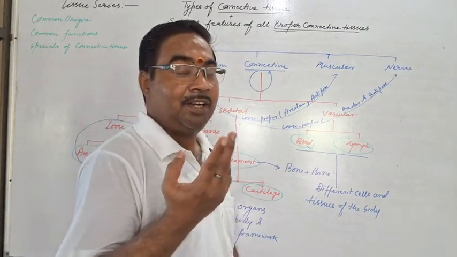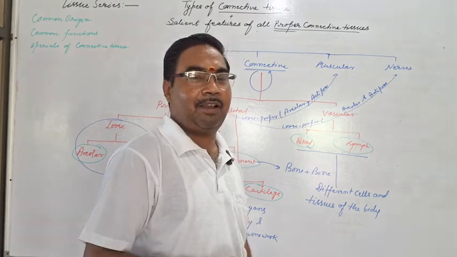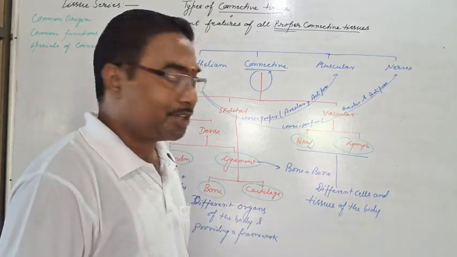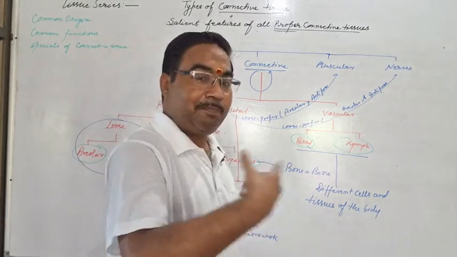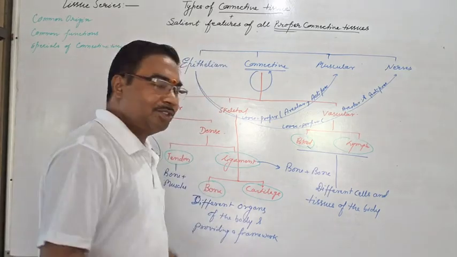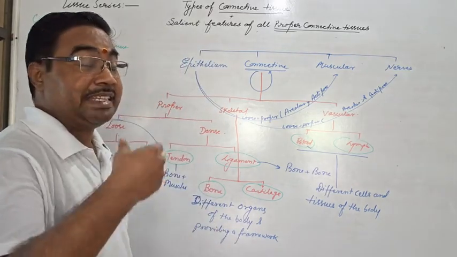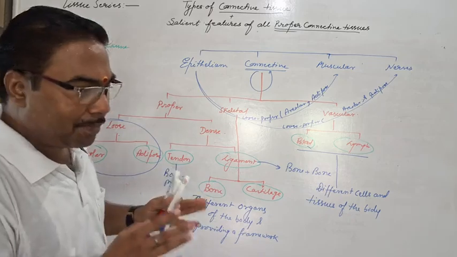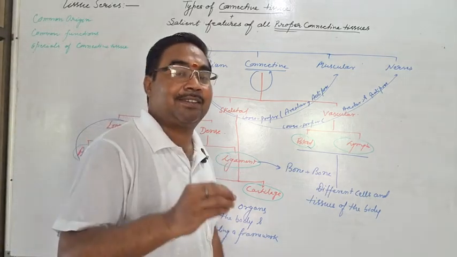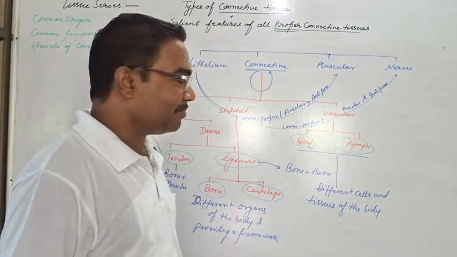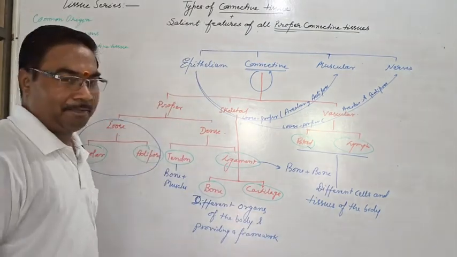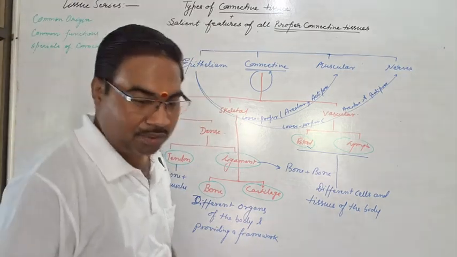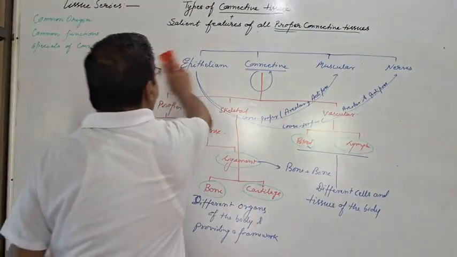There are two fluids circulating in our body, that is blood and lymph. So blood belongs to the blood circulatory system, lymph belongs to the lymph circulatory system. Bone and cartilage belong to the skeletal system of the body, whereas connective tissue is not part of any one specific system, but we can say it is a part of all types of systems present in the body. So basically, I am going to explain the connective tissue from the very beginning once again.